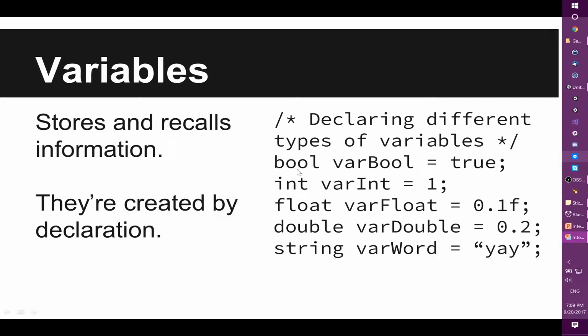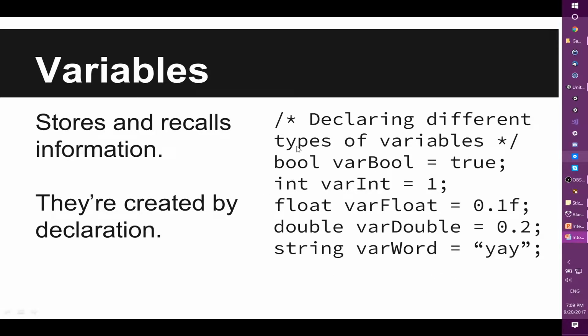The last part where it says equals true is in fact optional. In that case, whatever the machine happens to feel like the bool needs to be as default is chosen. So it's often recommended to always say equals true so that you know what value it starts with, but like I said, it's strictly not necessary. It's a completely optional thing to add in.